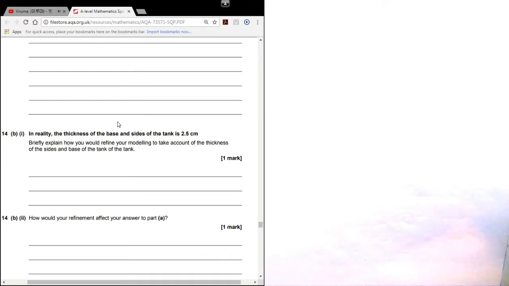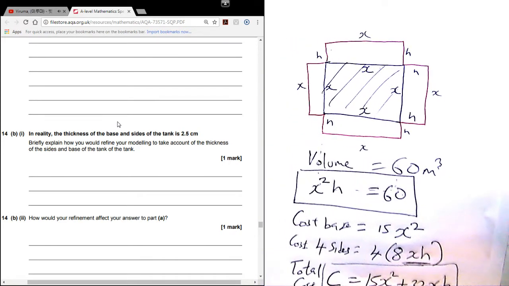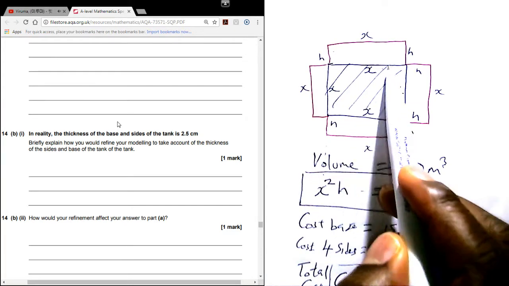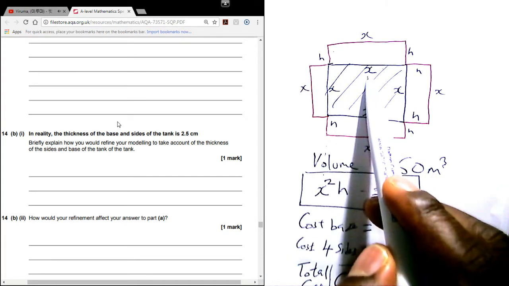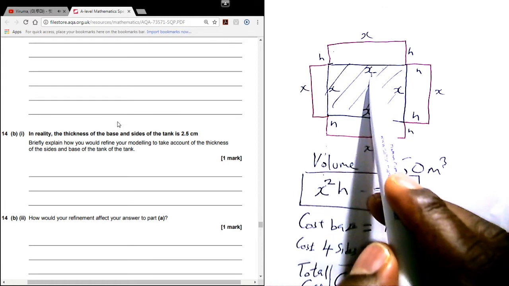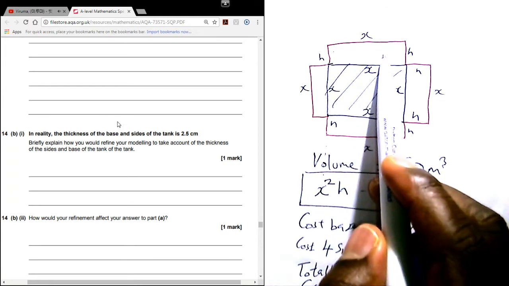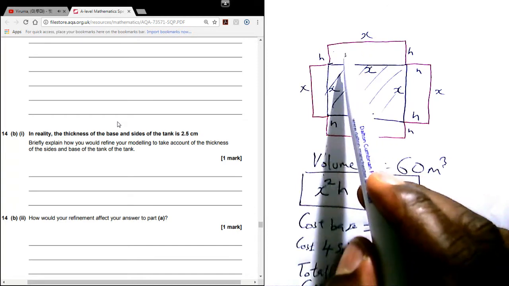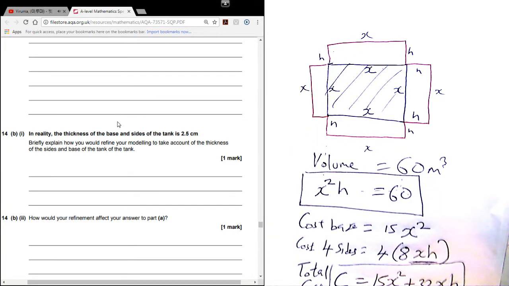So if you look at this laminate drawing, you would see that we just pretended as if at this edge you had crossover from the base to the tank straight away, to the side straight away. Ideally, there should be some extra cushion between the base and the side, or some kind of thickness.